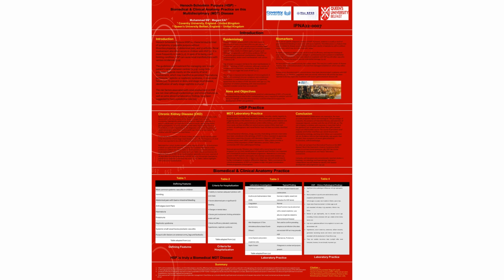It is a pathology that focuses on what is known as Henoch-Schönlein Purpura, or HSP, and this work looks at the biomedical and clinical anatomy practice on this multidisciplinary disease.